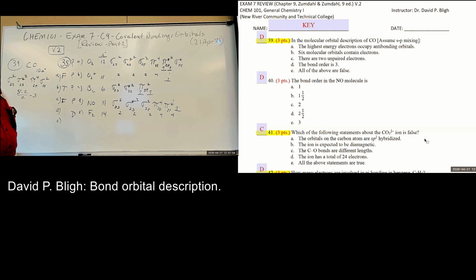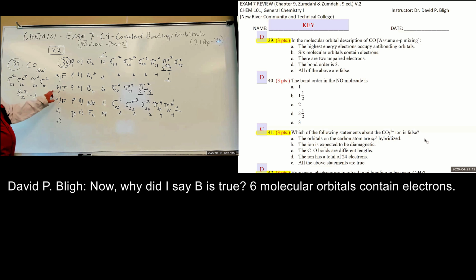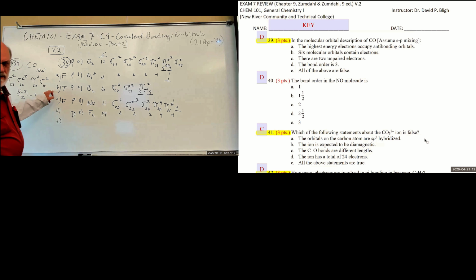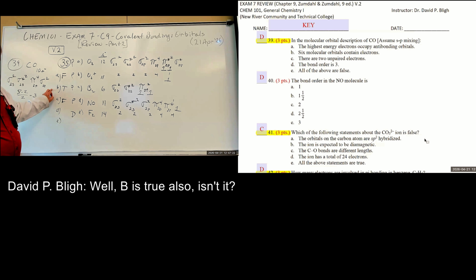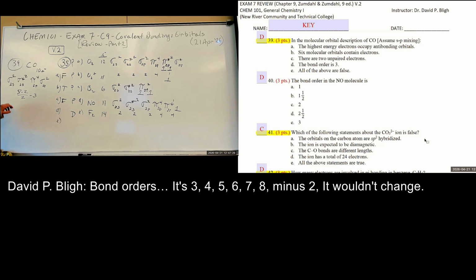Okay. Now, why did I say B is true? 6 molecular orbitals contain electrons. 1, 2, 3, 4, 5, 6. Well, B is true also, isn't it? Bond order is 3, 4, 5, 6, 7, 8 minus 2.